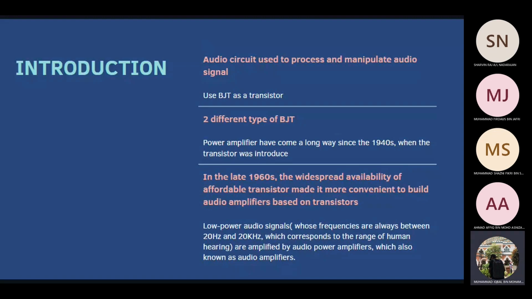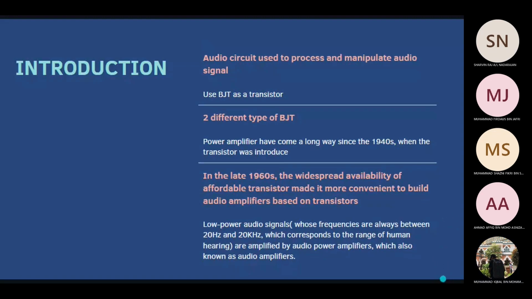Low power audio signals, whose frequencies are always between 20 Hz and 20 kHz, which corresponds to the range of human hearing, are amplified by audio power amplifiers, which are also known as audio amplifiers.